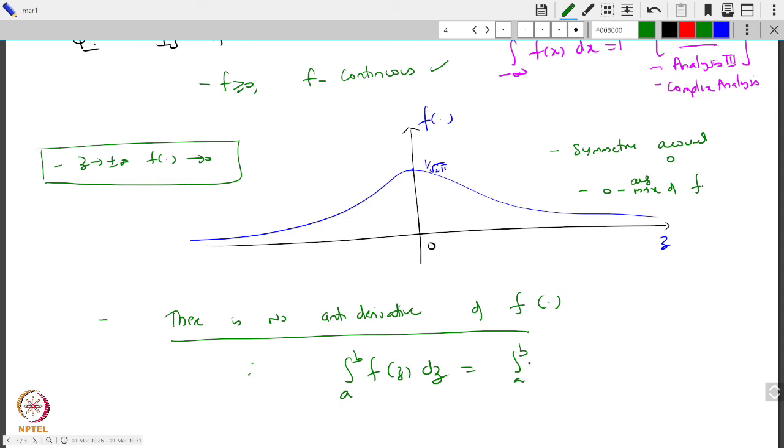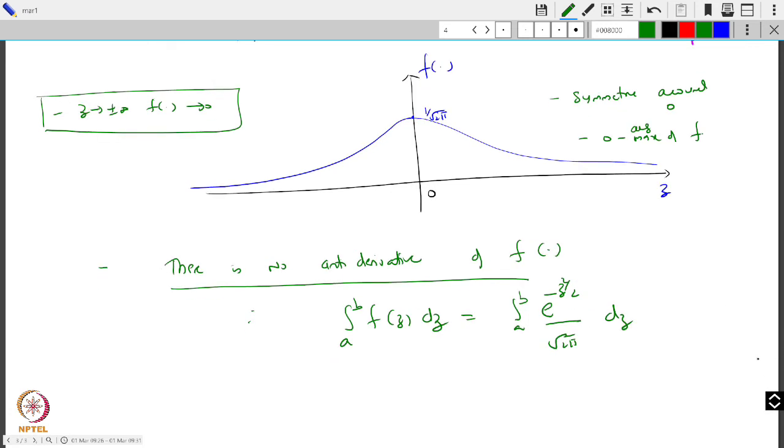It can't be evaluated the standard way. There is no precise expression for the antiderivative. But the integral exists.